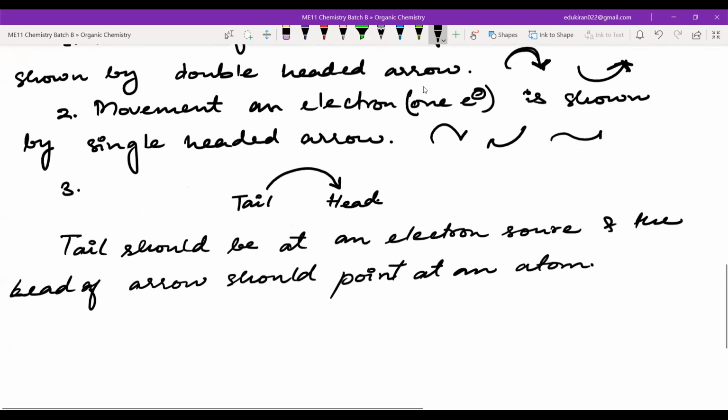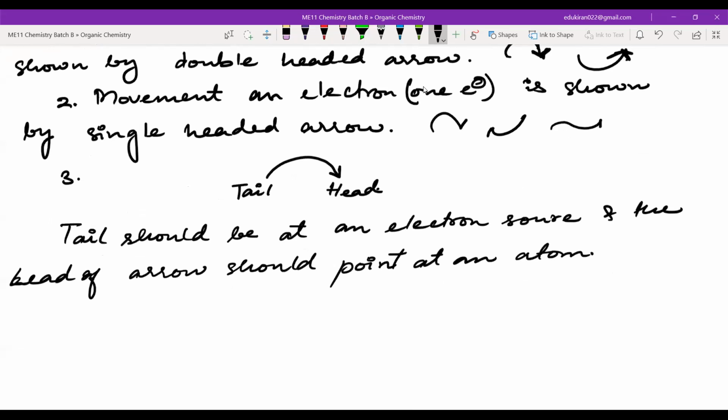So the important thing is, what are the electron sources?